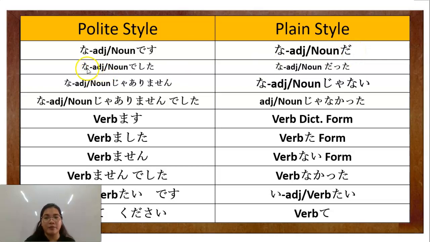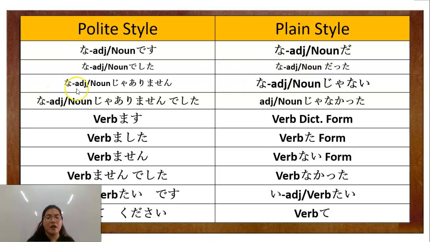Okay, another: noun deshita. Noun deshita in a plain style will be na adjective noun datta. Okay, again, noun to na adjective becomes na adjective noun datta.